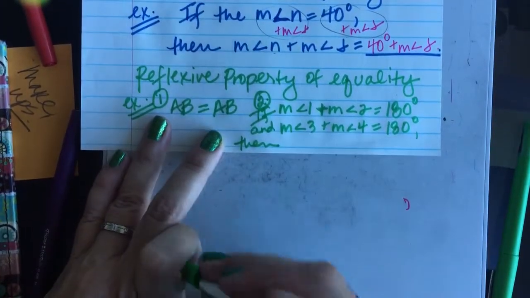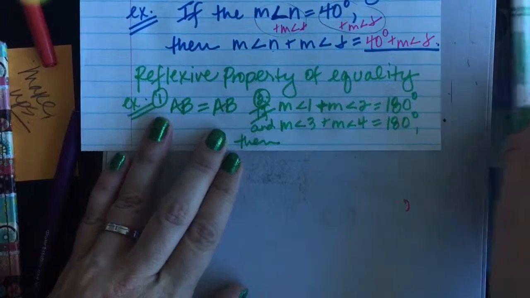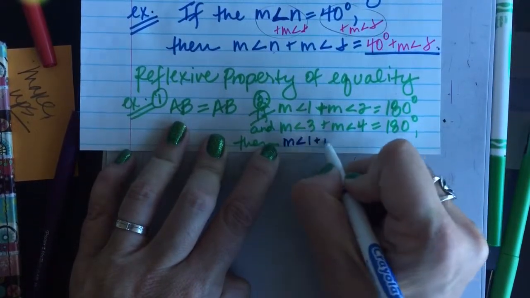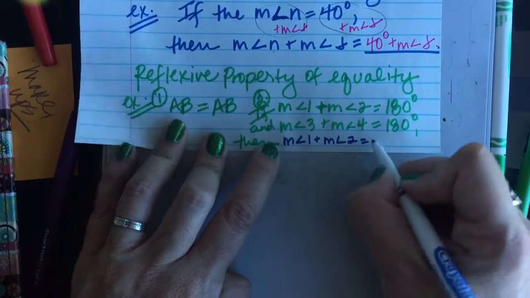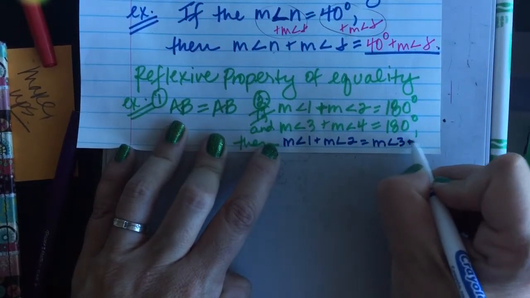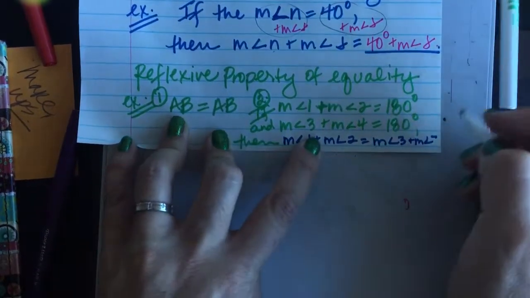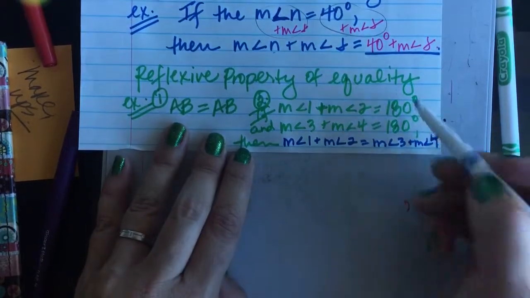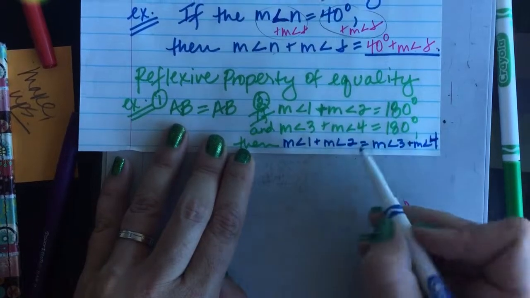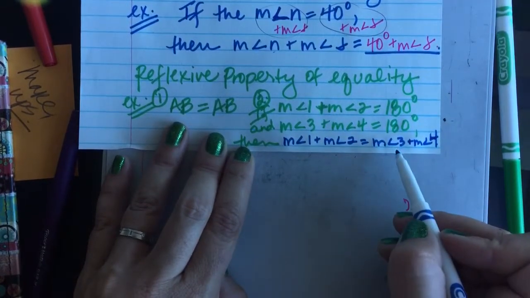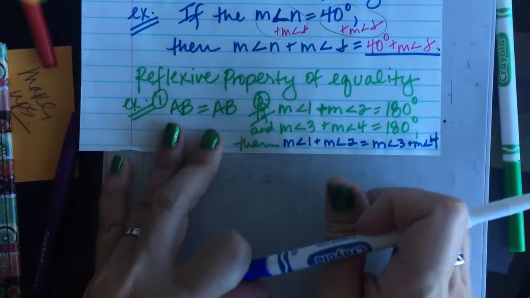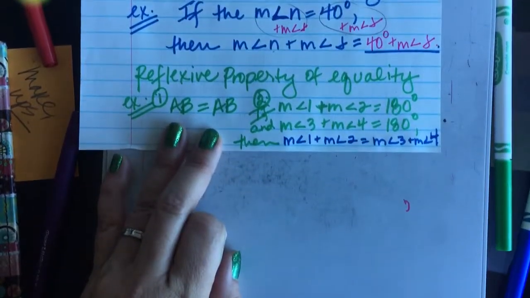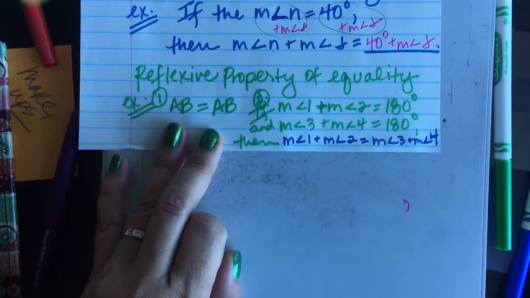If they're both equal to 180 degrees, this reflexive property gets us to say their sums must be equal to each other. Since they're both equal to 180, I can set them equal to each other. That's just a weird use of this it-is-what-it-is property. Since their sums both are 180, then they're equal to each other.